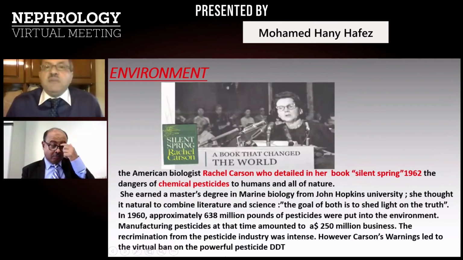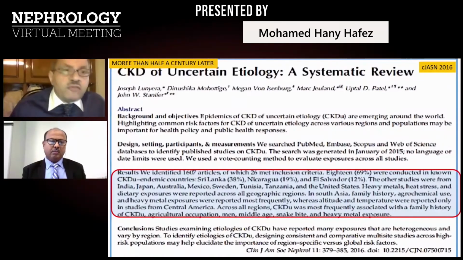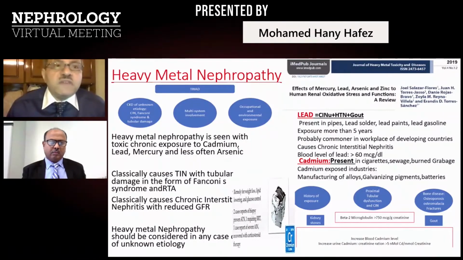What about heavy metal nephropathy? We can diagnose it by the triad of kidney disease of unknown etiology, Fanconi syndrome and tubular damage, multi-system involvement, including the kidney, of course, and occupational and environmental exposure. The most common is cadmium, which is present everywhere around us, actually.